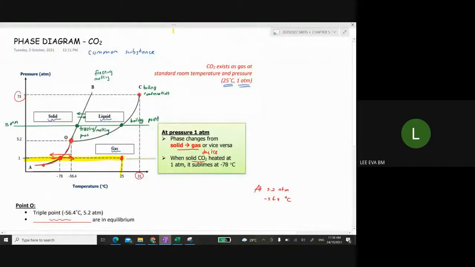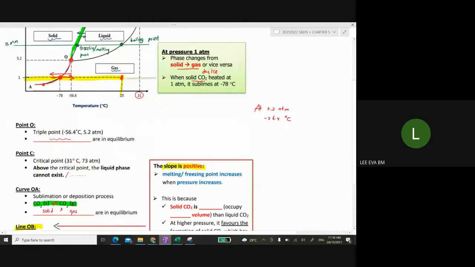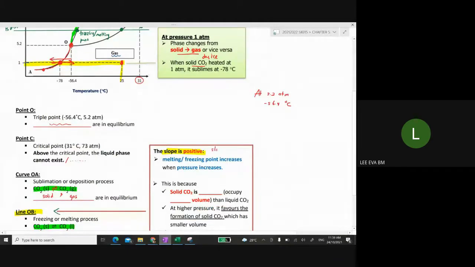If you refer to line OB, you have a positive slope. What do we say positive slope? You can also jot down over here, line OB positive, that means slanting to the right hand side, to the right. So it refers to your melting or freezing point.